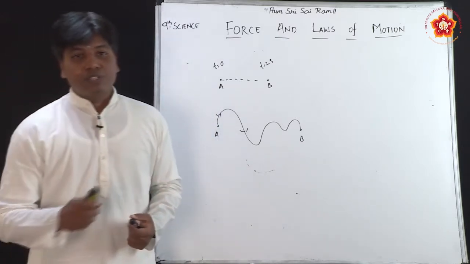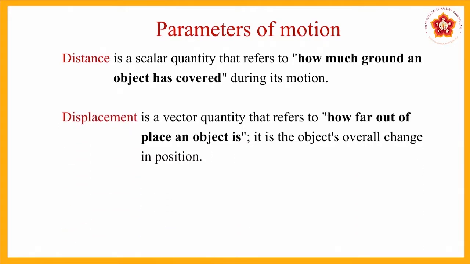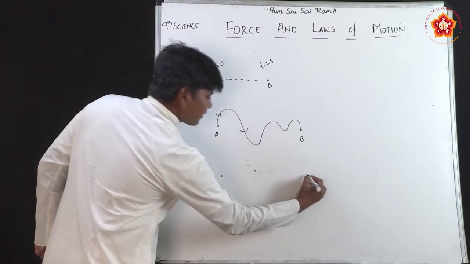Now let us go and see the second thing called displacement. Displacement is the vector quantity that refers to how far out of place an object is. It is the object's overall change in position. What it basically tells is the same thing you can see here.